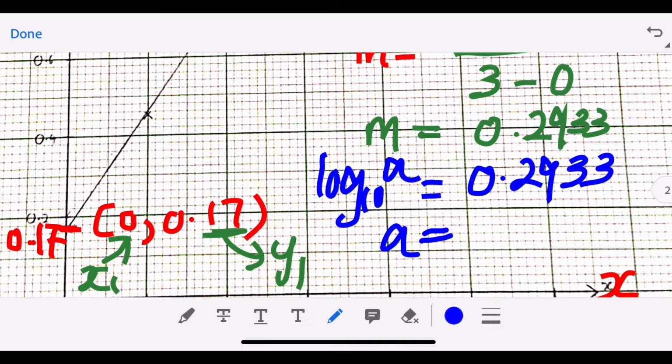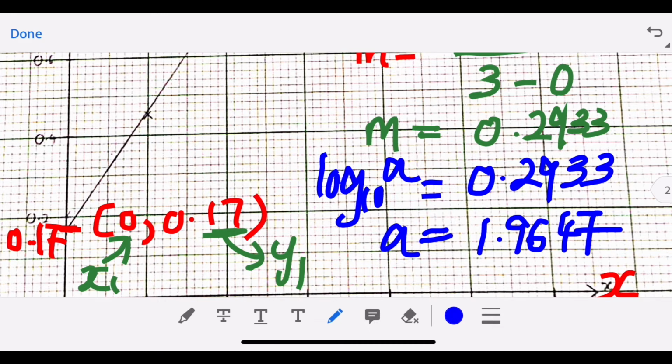In order to solve the constant, we press shift log, and the answer is 1.9647. The answer should be quite close to 1.9 something.